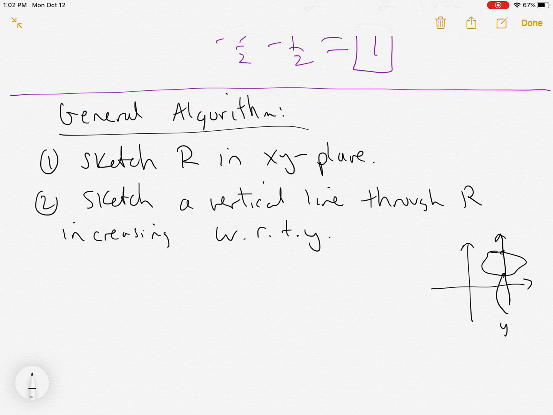And this lower bound is Y equals F1 of X, and this upper bound is Y equals F2 of X, right?